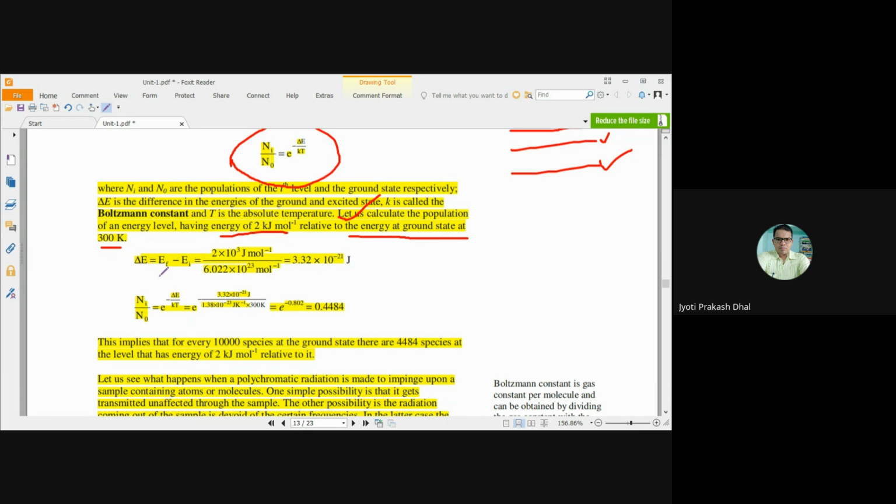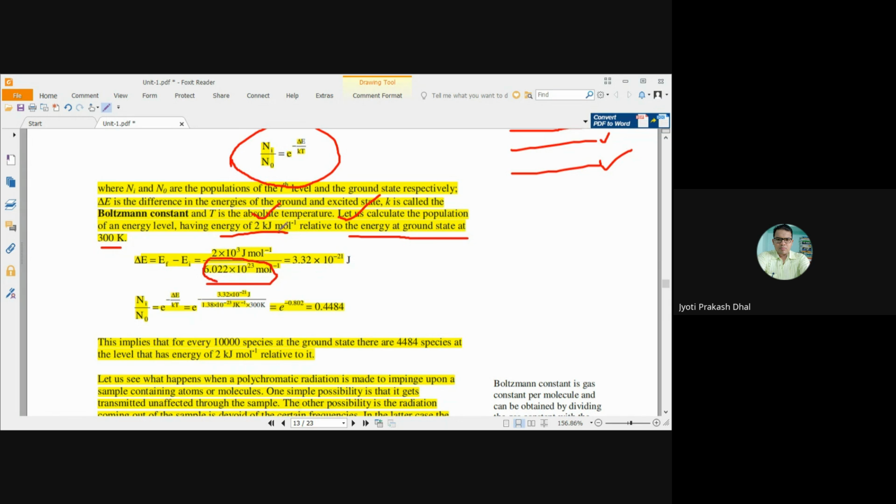So del E equals 2 into 10 to the power 3 joule per mole. Here the difference is given, that is 2 kilojoule per mole. So that means 2 into 10 to the power 3 joule per mole divided by Avogadro's number. Why is that Avogadro's number?